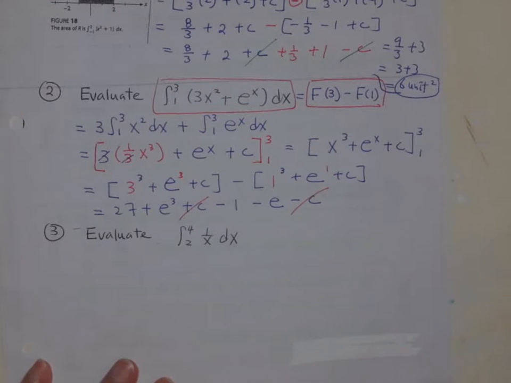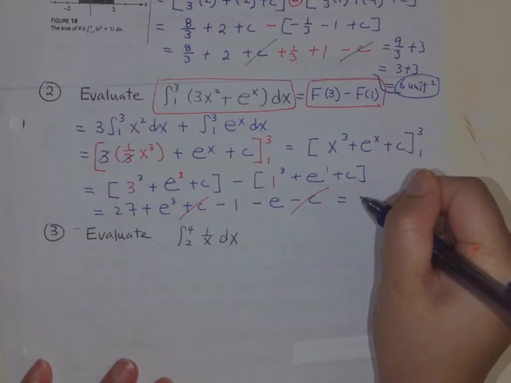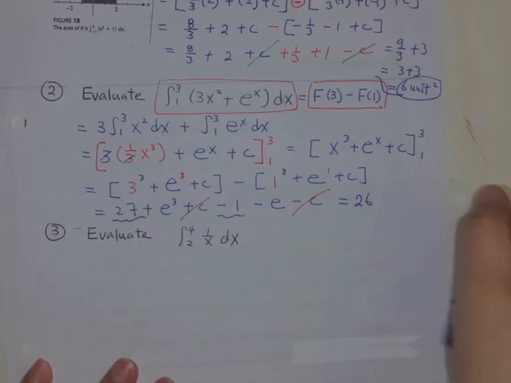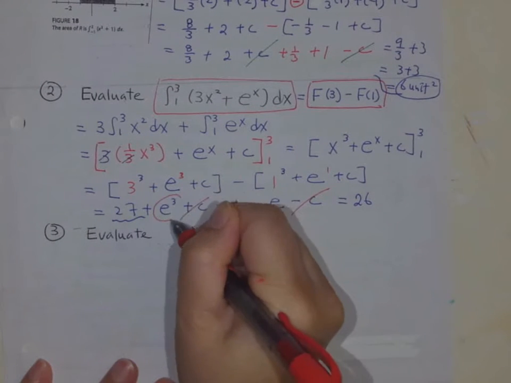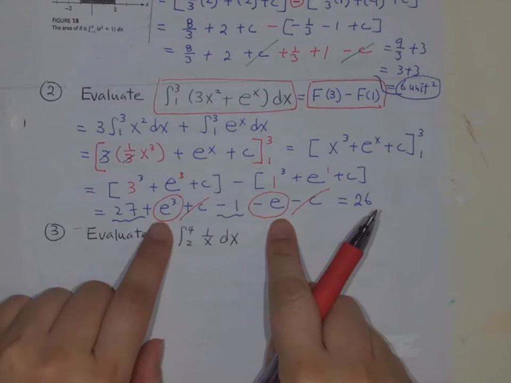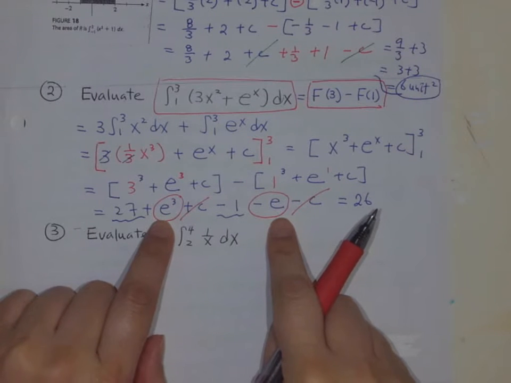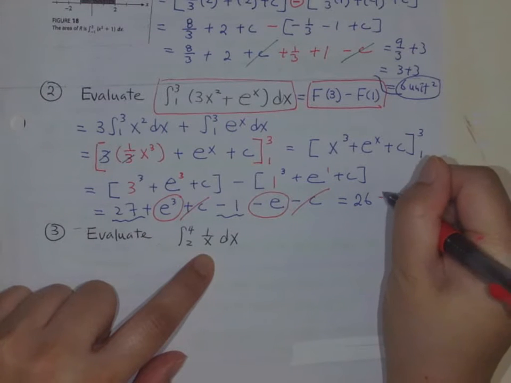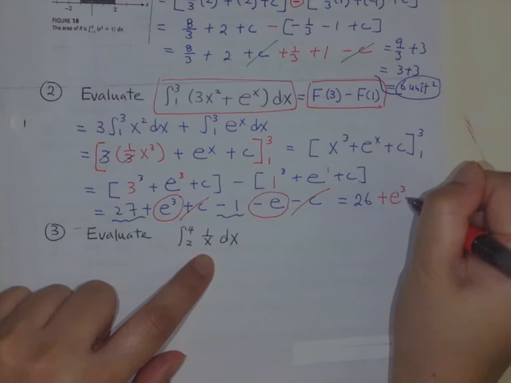So we're going to have 27 minus 1 is 26. You have to be careful, e to the third power and minus e are not the same. It's like x cubed minus x. You don't combine them. You just write them out as e to the third power minus e.